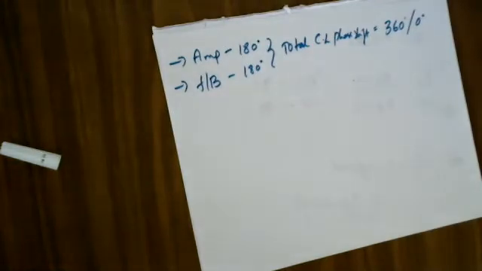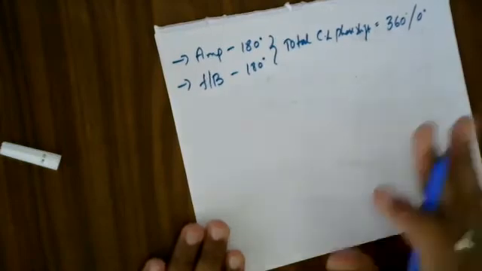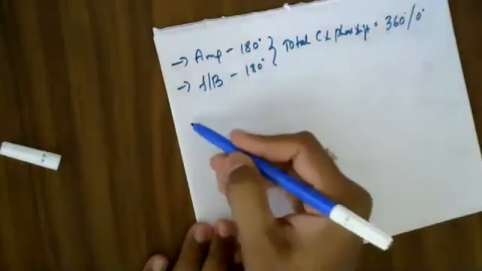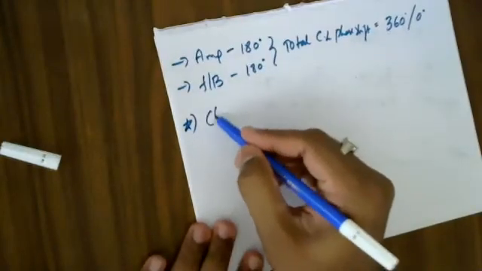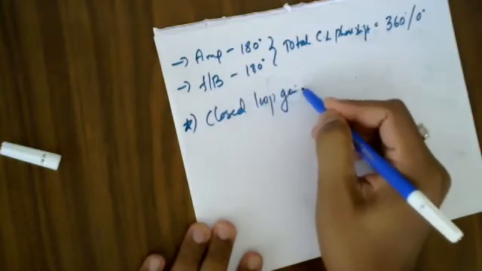But now, a very important part that you need to address is what is happening to my closed loop gain. I would like to have some information about the closed loop gain.